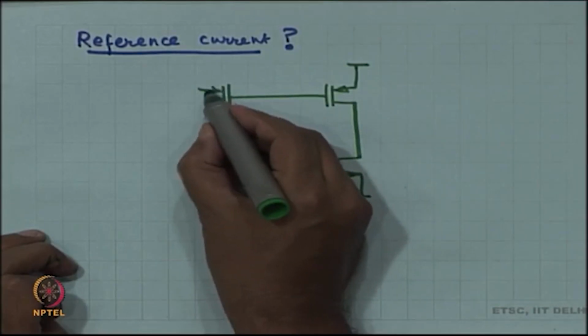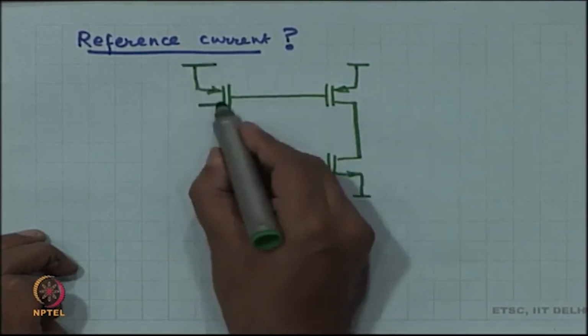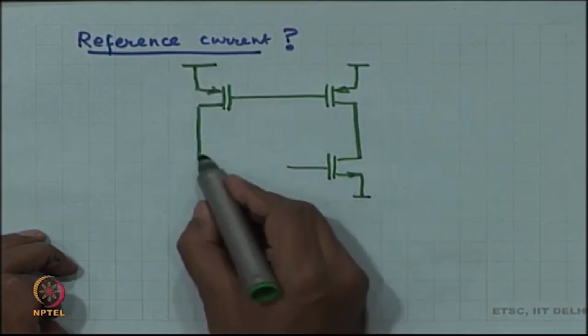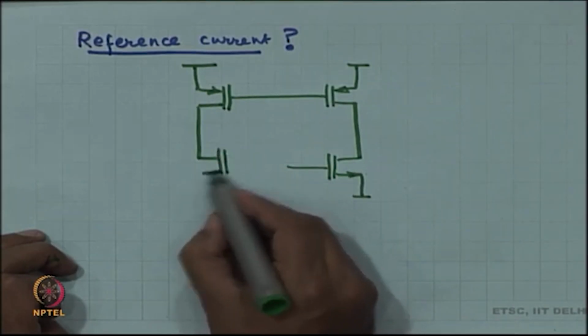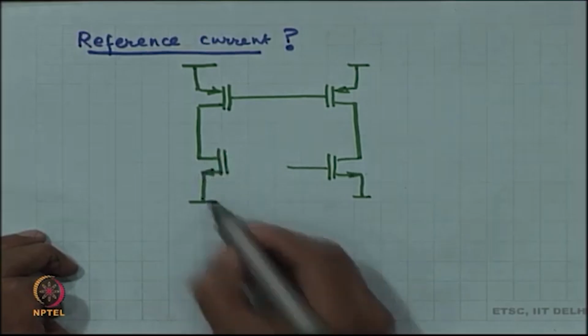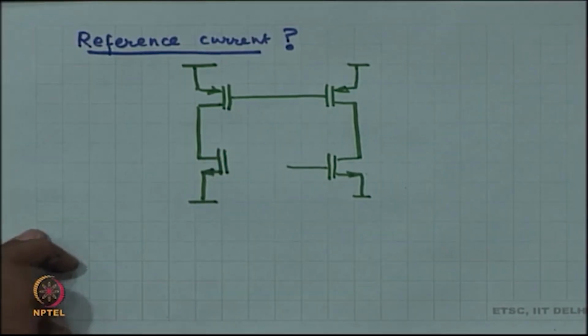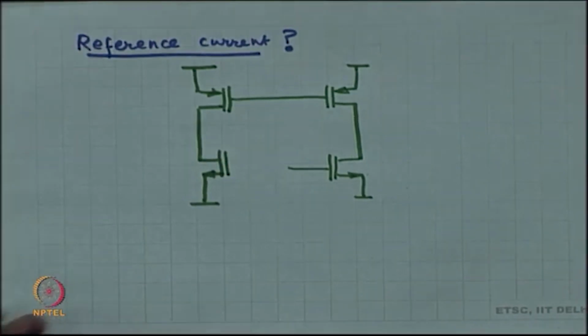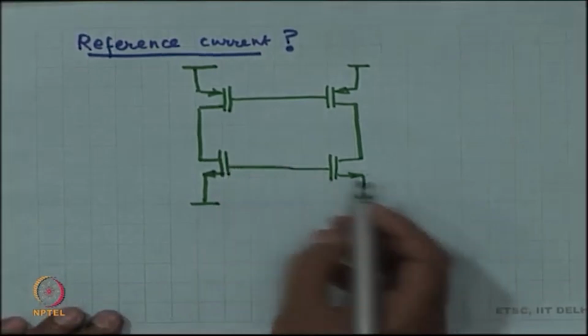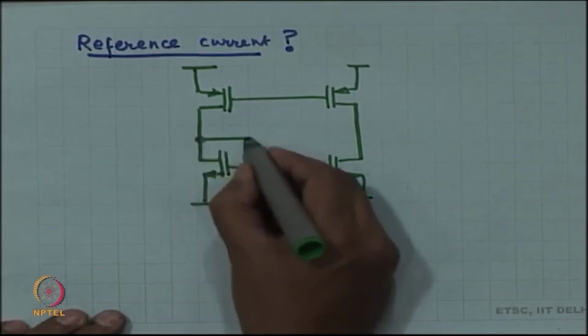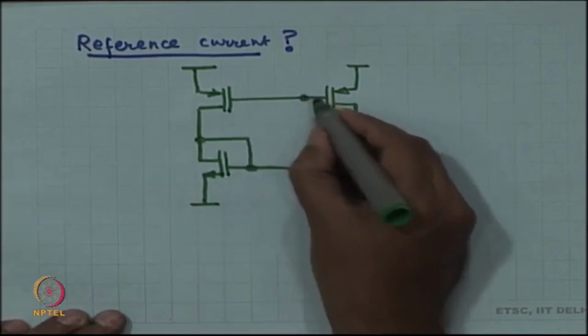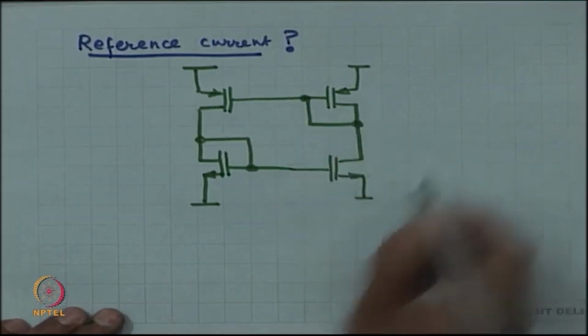Okay. So, what I am going to do right now is to give you some ideas to make this reference current source, and then we are going to expand on the idea and we are going to make a certain kind of a reference current source. Okay.